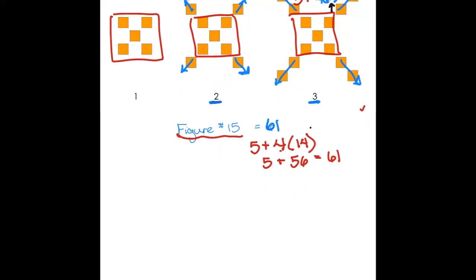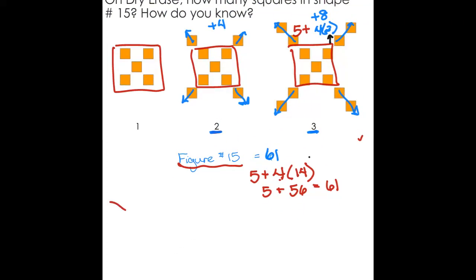So Cameron, what did you see, or how did you put that together? I just took the little square in the middle out, and then since it's going up by 1 on each side, I did 15 times 4, and then plus 1. So you took out the centerpiece, right? And then it's going up by 4. Ah, okay.